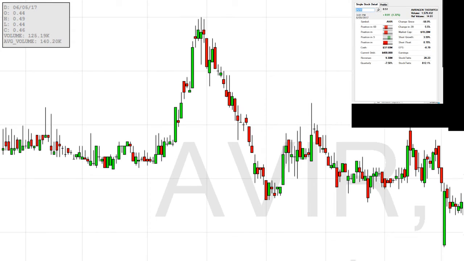So we are at this gap down. It has been nothing but a bearish trend. It did try to turn around back in September, but nothing since. Okay.